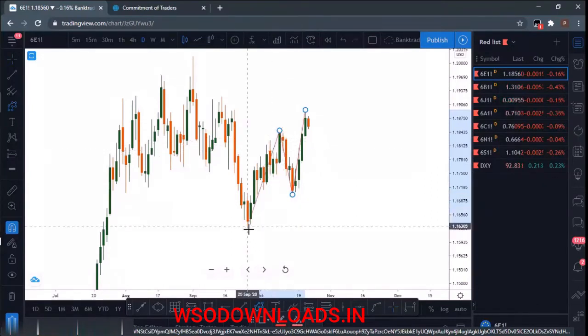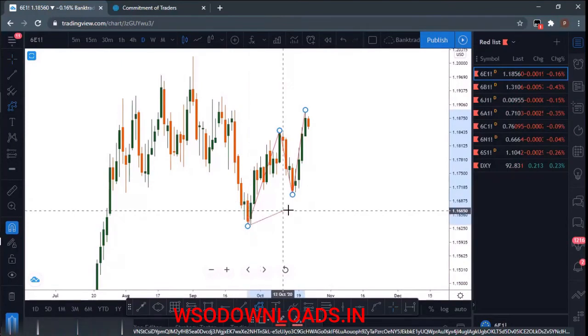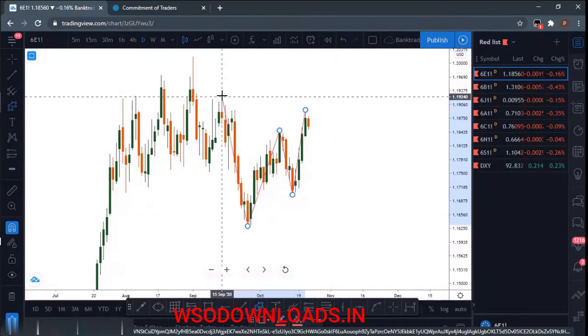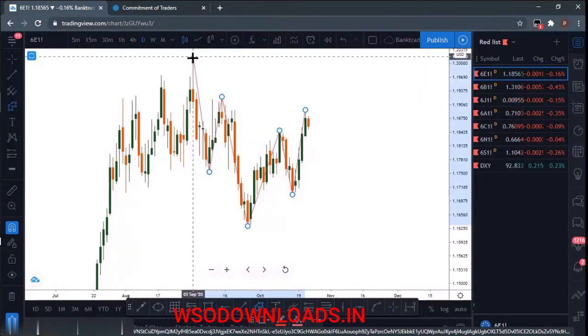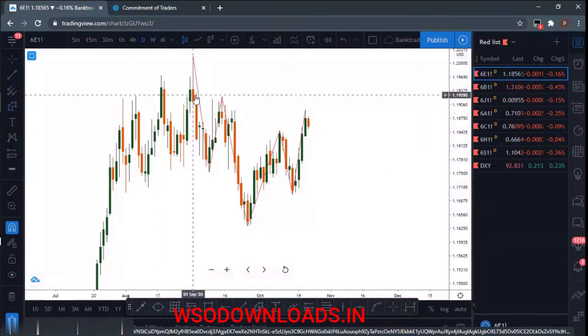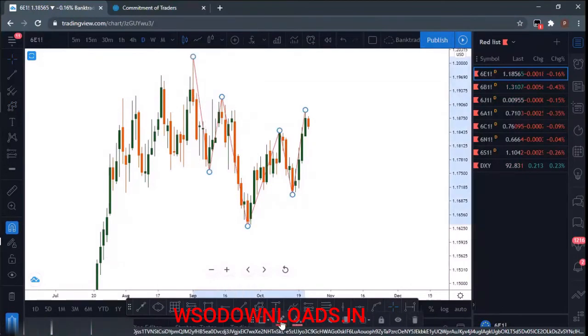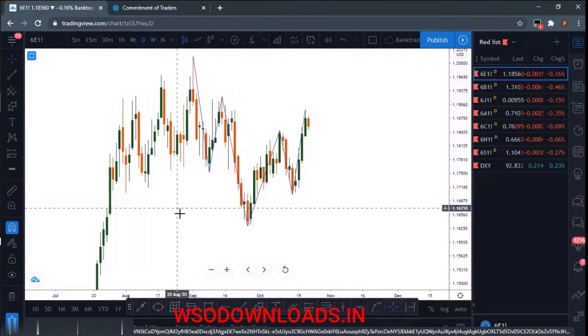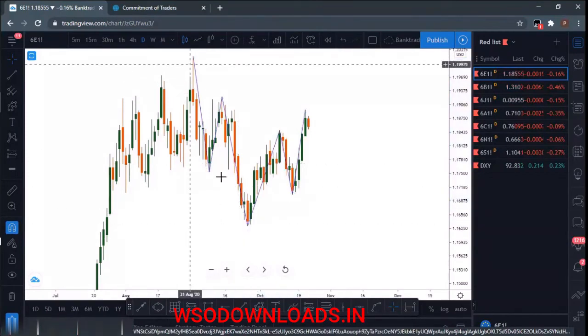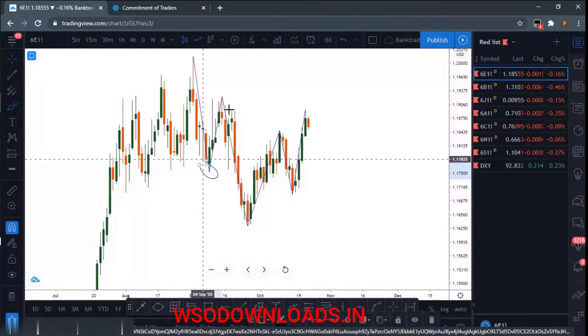Then I can go down here, then here, then here, then here. I think that will be enough. Let me just give it a different color. Yeah, maybe blue. So this was our downtrend here.